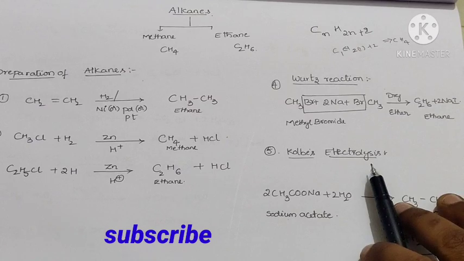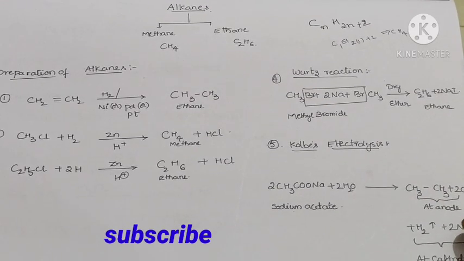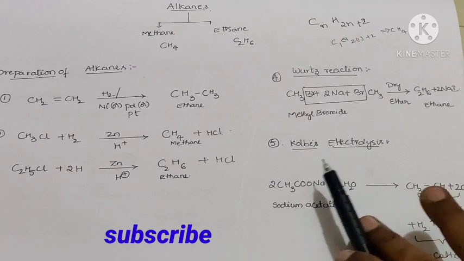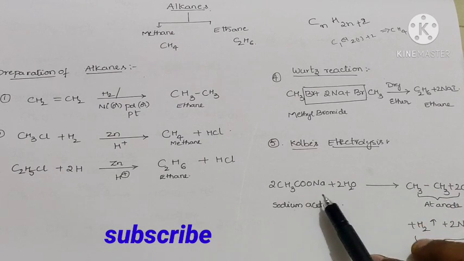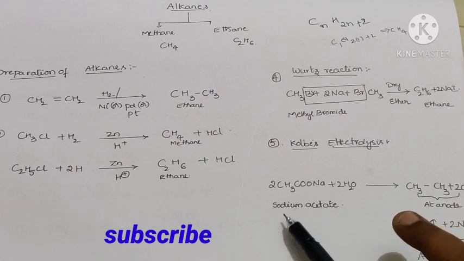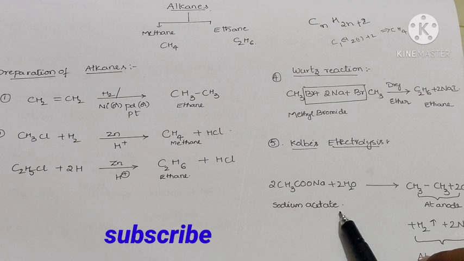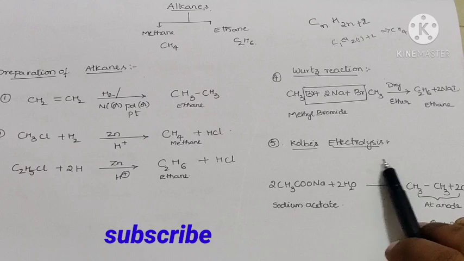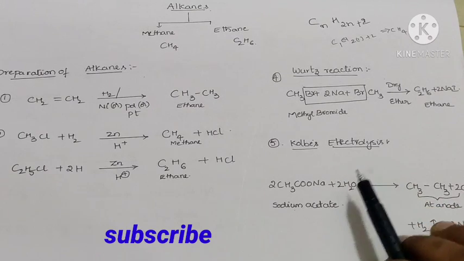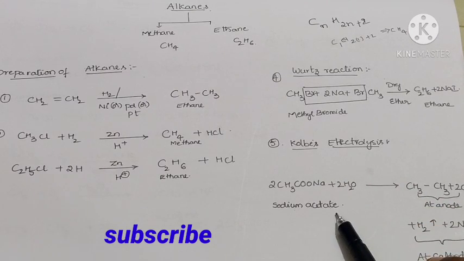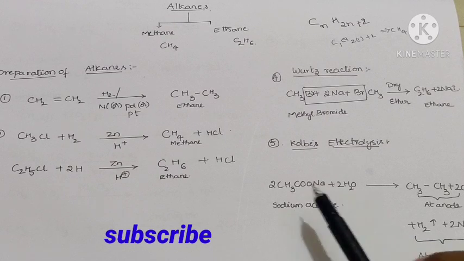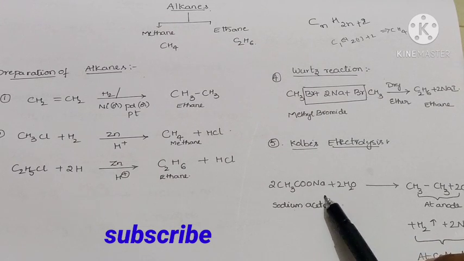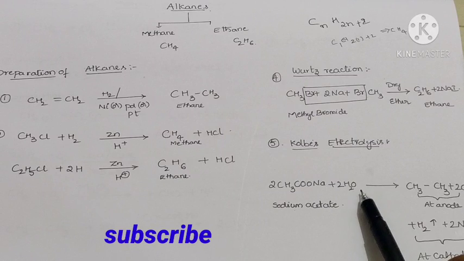The next preparation for ethane is by taking CH3COONa. This is called sodium acetate. The reaction is known as Kolbe's electrolysis. In Kolbe's electrolysis, we take sodium acetate, CH3COONa, plus 2H2O.